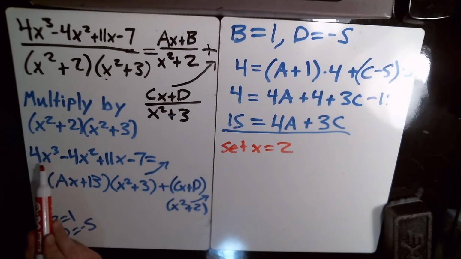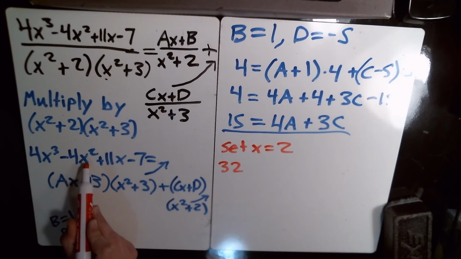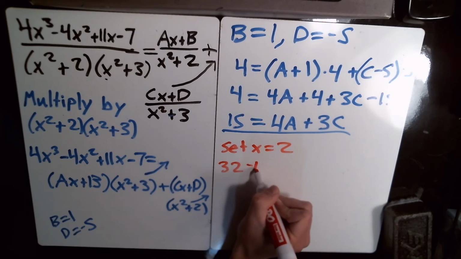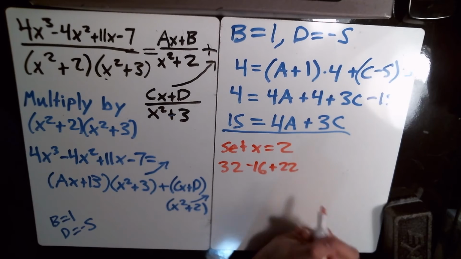2 cubed is 8 times 4 is 32. 2 squared is 4 times 4 is 16. 2 times 11 is 22.